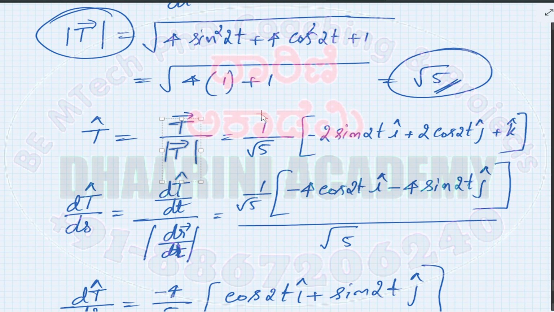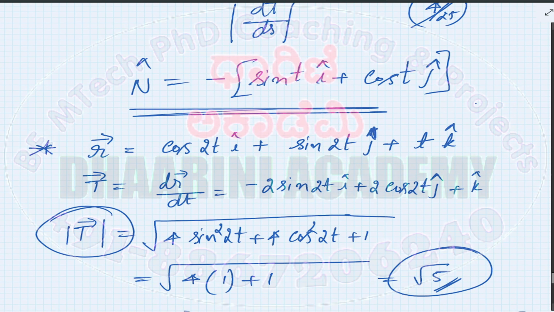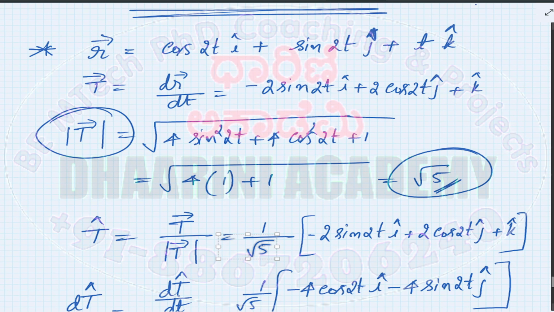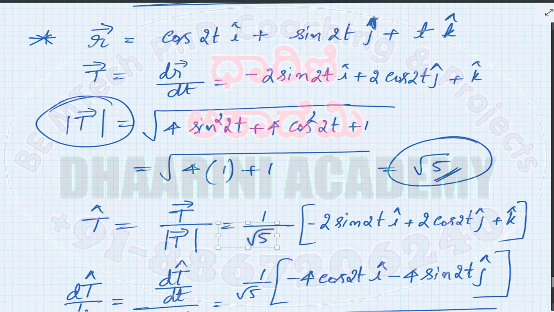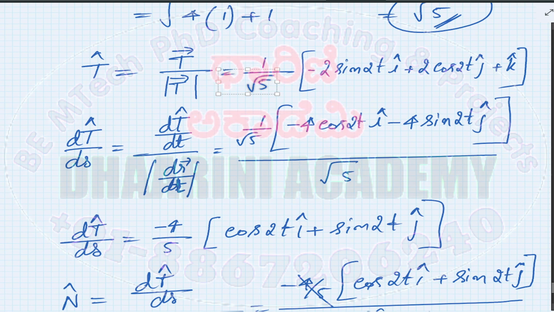So this whole function is 4 into this term, multiplied by 1 by root 5. So we have this answer coming up. From the given vector, I can simply write this as this. After this, now I need dT by ds, which is nothing but dT by dt divided by the magnitude of dr by dt. So you have this T cap, differentiate that function.